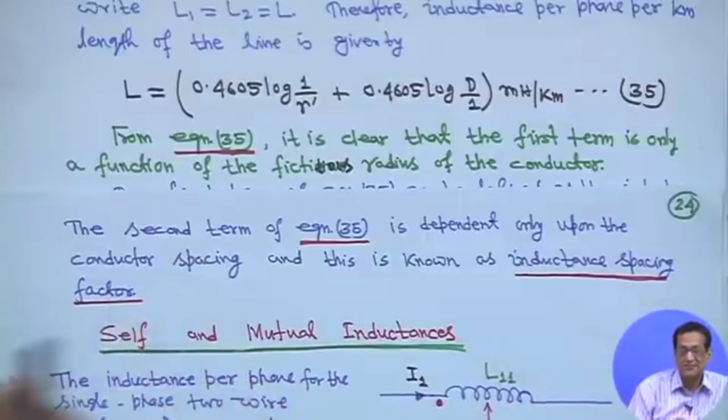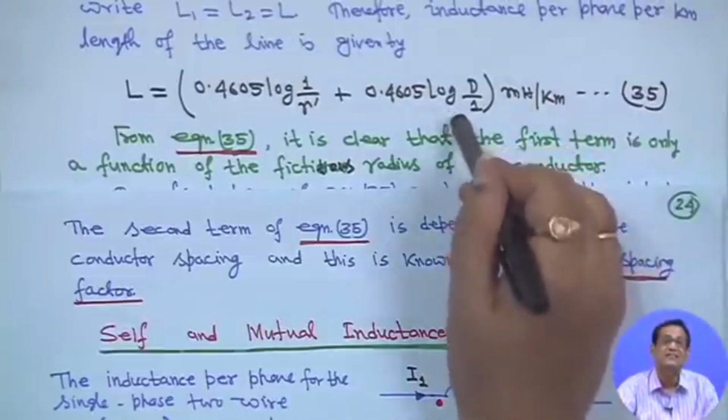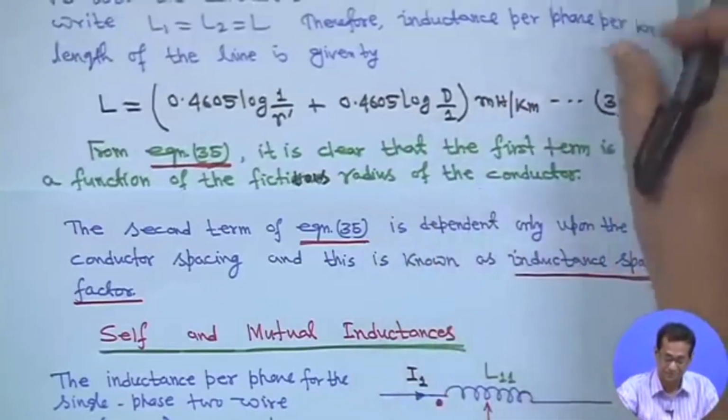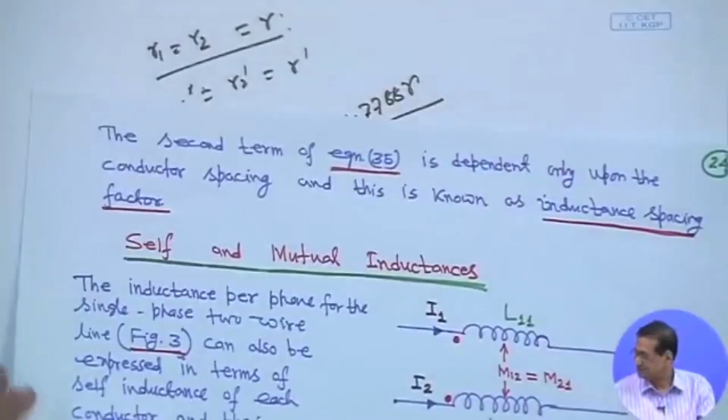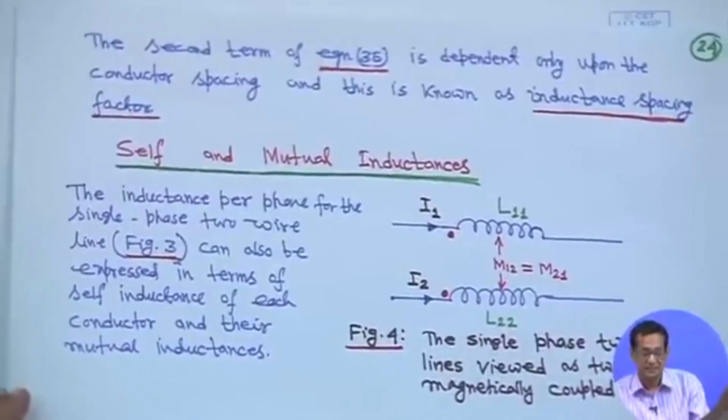So these are the two terminologies. This term is called the inductance spacing factor. Later from this one we will see some generalized things.